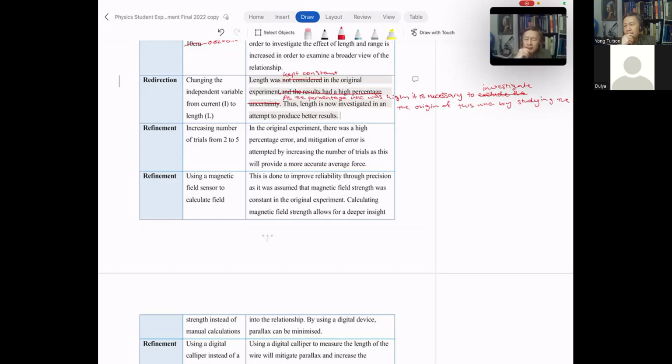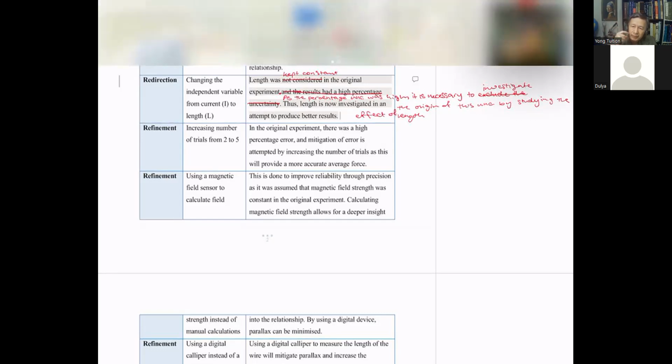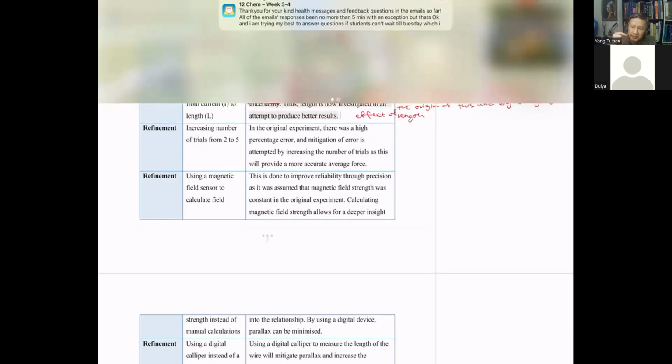Because the idea is that there are only three variables in the formula: current, magnetic field, and the length. All right, so this is not original writing, I just explained it to you.